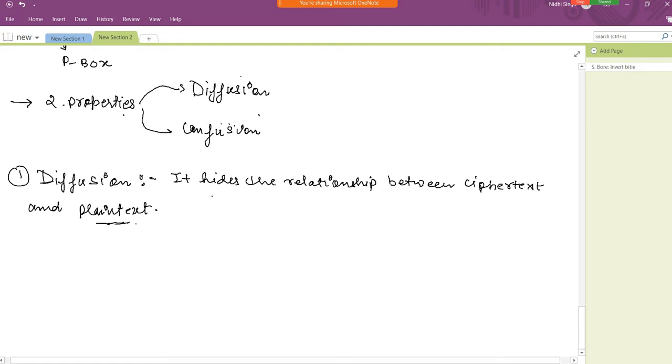So it will provide a confusion, or you can say a frustrating situation for the hacker, on how he will find the key in order to decrypt the ciphertext.